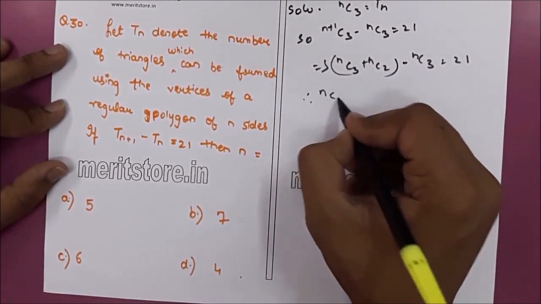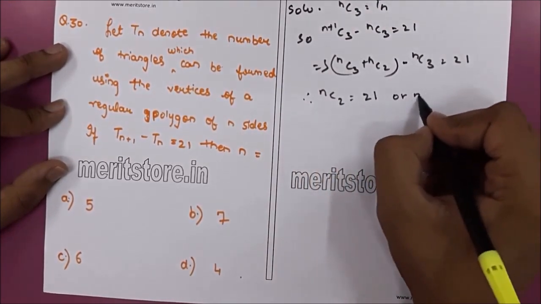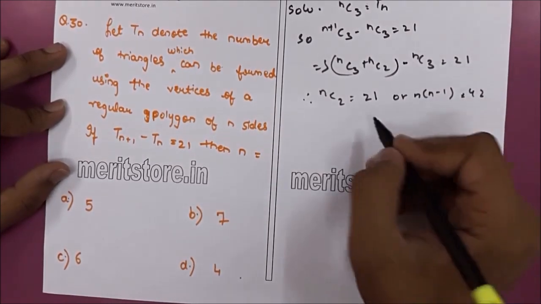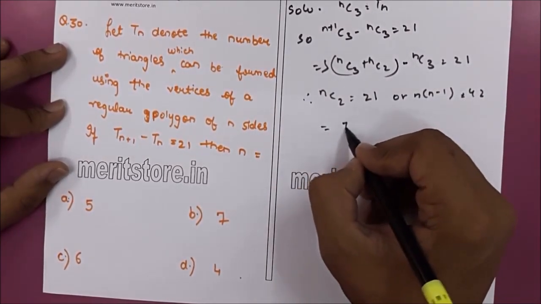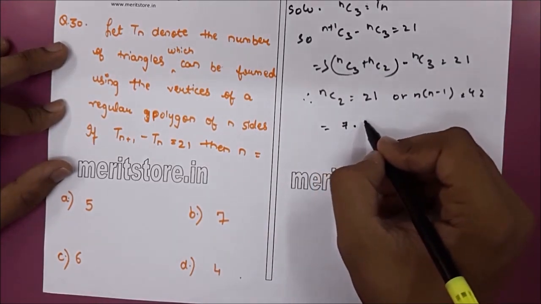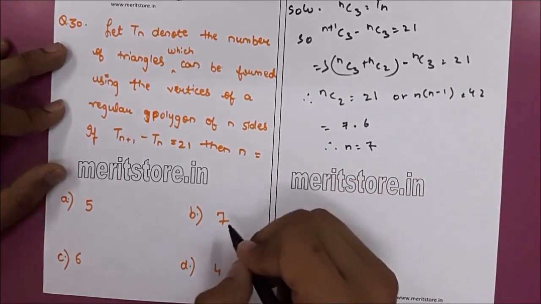Therefore nC2 is equal to 21, or n into n minus 1 is equal to 42, that is equal to 7 into 6. Therefore n is equal to 7. Therefore option B is correct.